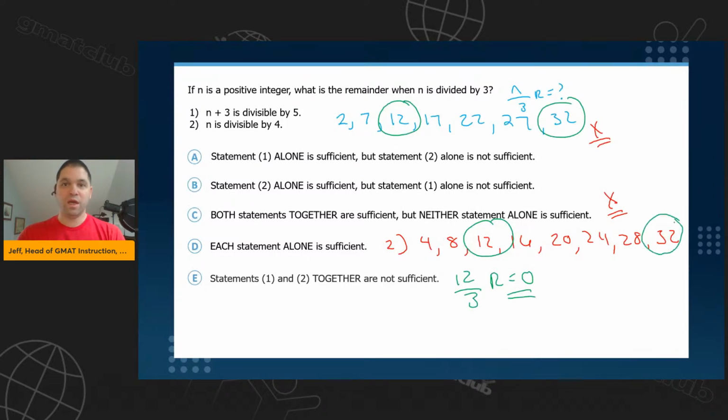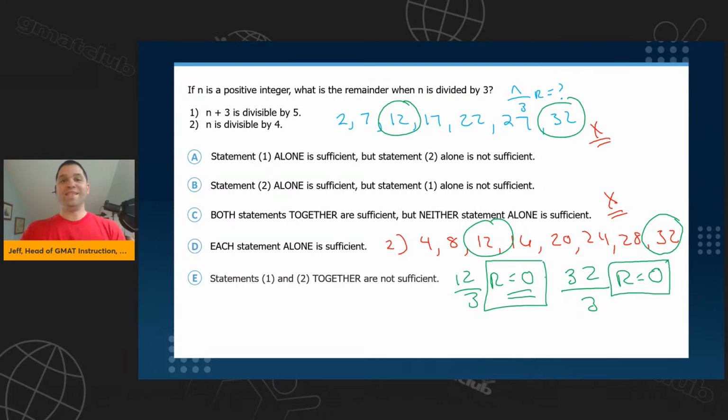What's the remainder when... So sorry, I was actually right. A bunch of you were correct, and a small group of you were not. 32 over 3, what's the remainder? Remainder is 0. So all of you C people out there were correct. I don't know what I was thinking. But this is how you do it.